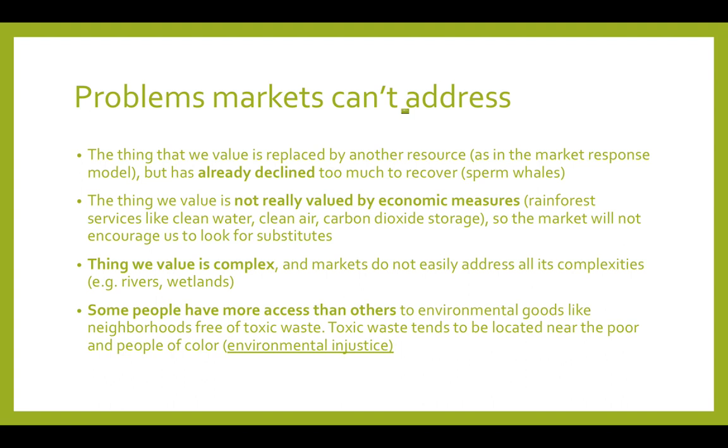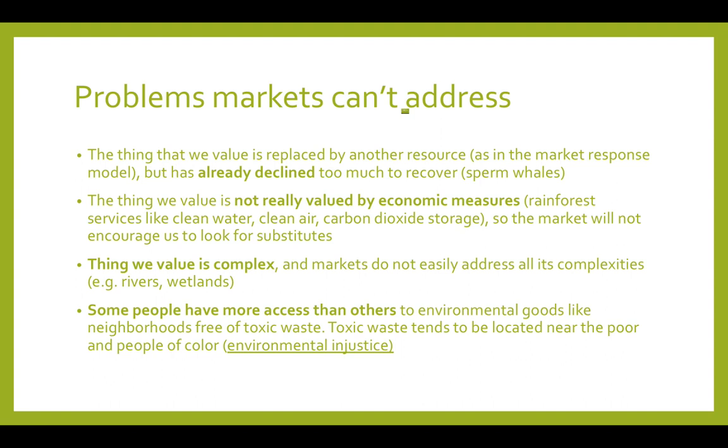If we're talking about wetlands that do an extremely thorough job of cleaning up our water, and that also provide habitat for a lot of the foods that we eat, for a lot of the wildlife that we love, that have a lot of beauty to them. The market doesn't really do a good job of valuing those things. And so market-based solutions sometimes don't address problems in systems like that very well.